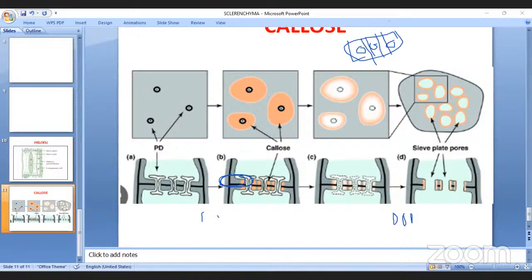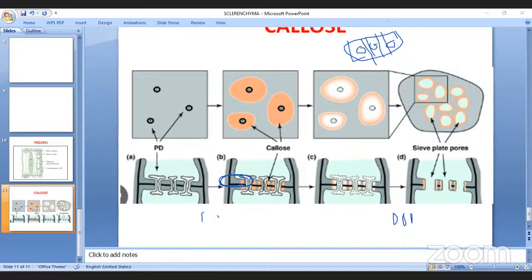So what happens actually is, if any injury occurs in phloem vessels or phloem elements, automatically the proteinous substance P protein is activated and produces a mucilage structure.